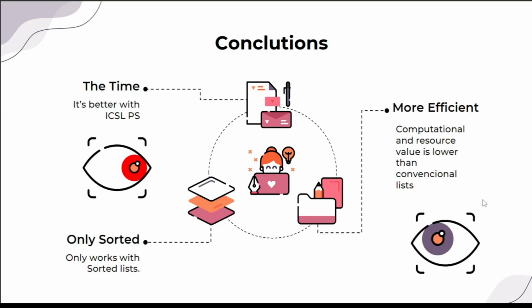I think the improved circular skip list is really good because it has O(log n) complexity, where n is the number of elements in the list, in the insertion, the deletion, and the searching. So it's really good and faster.